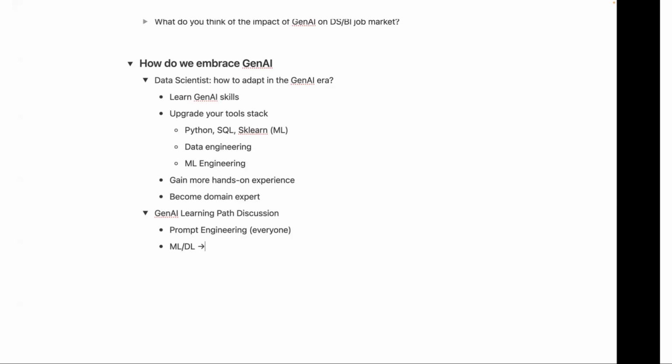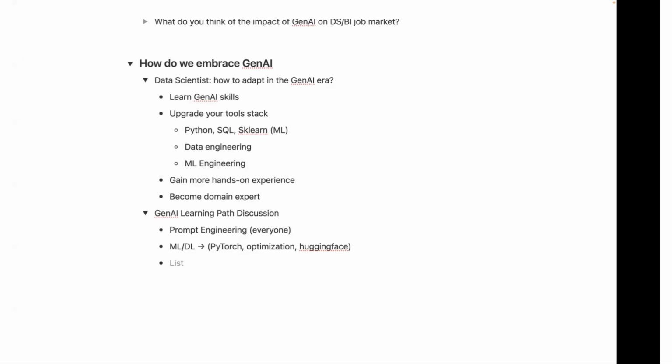That requires you to learn things like neural networks, working with packages like PyTorch, optimization, Hugging Face. These are the fundamentals you need to have before you start to build large language models or fine-tune large language models, right?